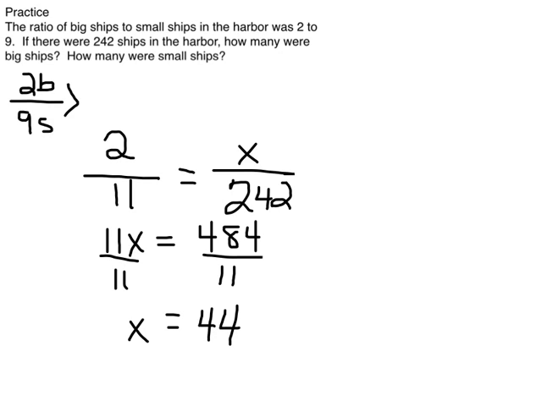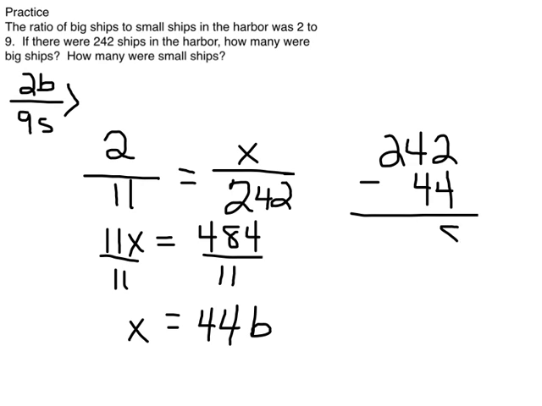Alright, so 44 is going to represent the big ships. If there are 242 in all, and 44 of those are big ships, then 198 are small ships. That's how you do it, and good luck. I'll see you next time for lesson 102.